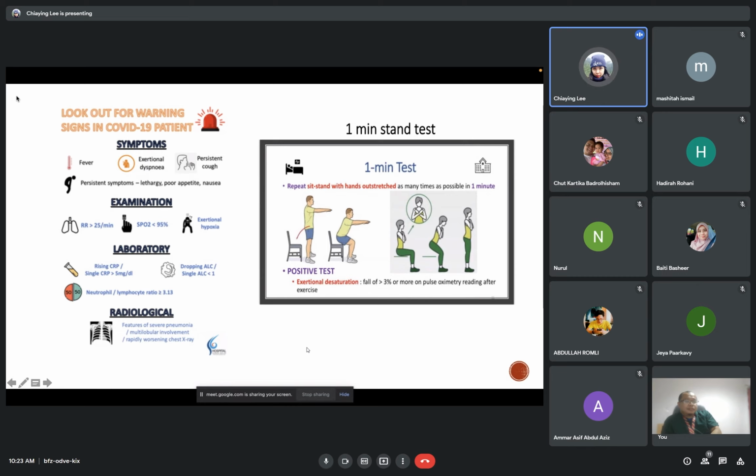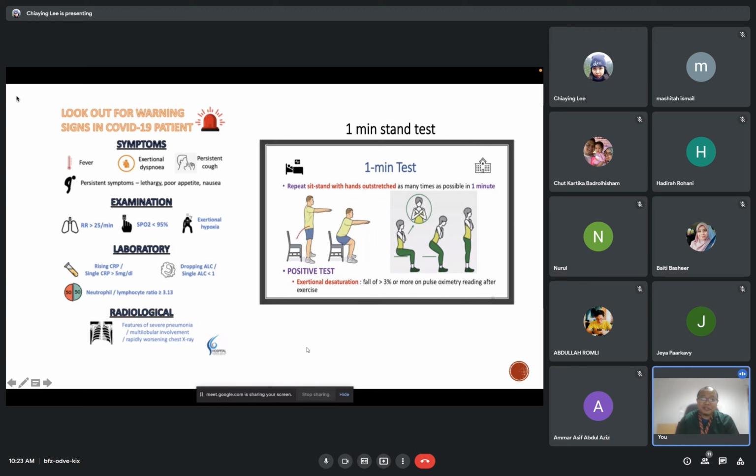If they have a fall of 3% or more on pulse oximetry reading after the exercise, we will consider this a positive test, which means that the patient has less exercise capacity in their lungs. So this kind of patient, yeah, we need to have close monitoring lah.